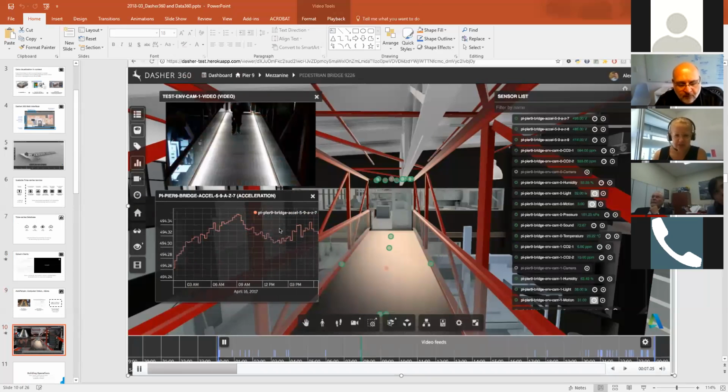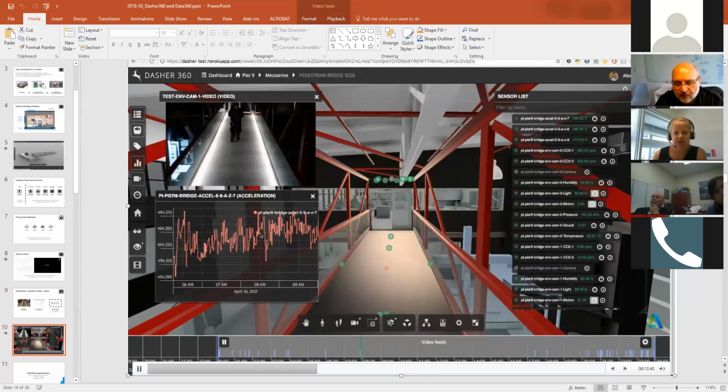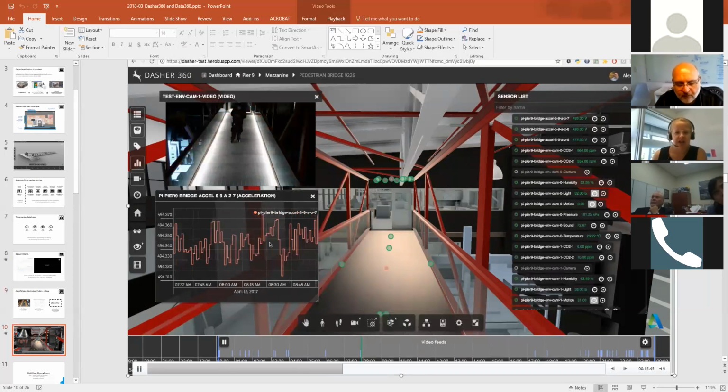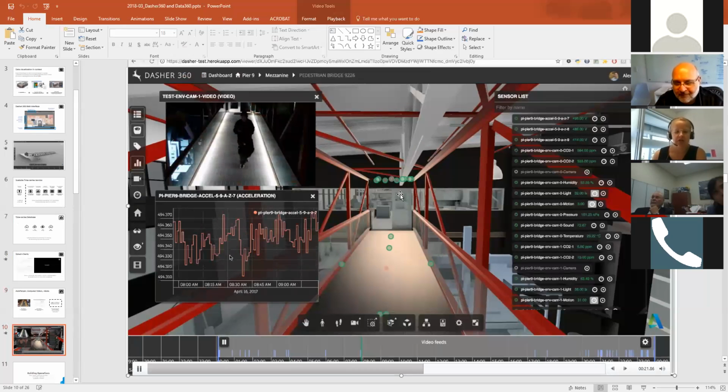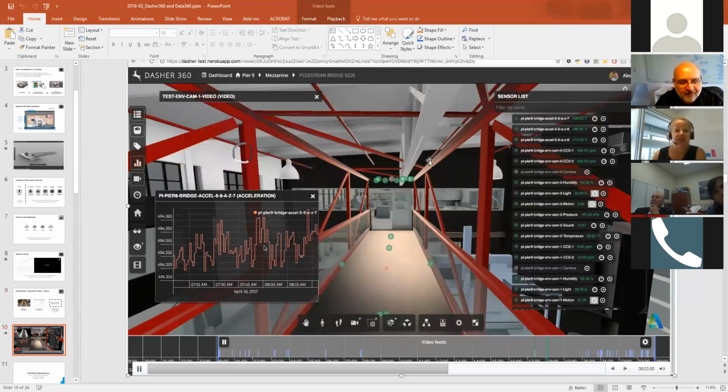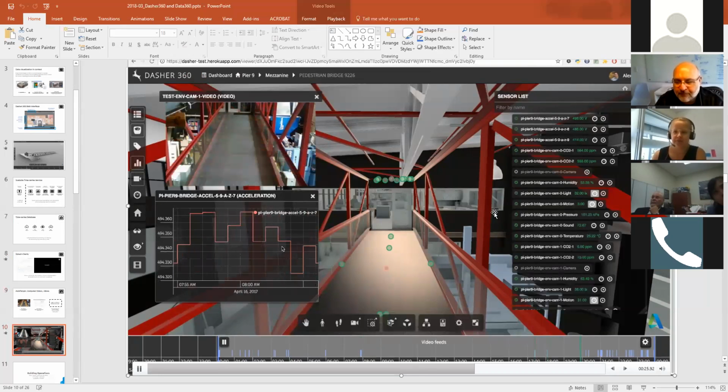And what you see on the timeline on the bottom here, these little blue ticks, these represent when there's an occupant or multiple occupants on the bridge. And here you're seeing it at night, and it's going to quickly jump across to the morning, so you don't have to spend, say, hours watching the video. It only plays back when there's actually an event happening on the bridge.